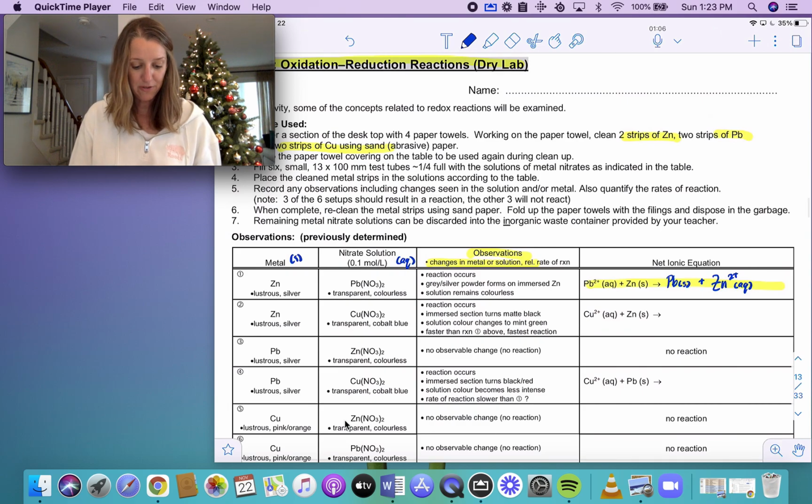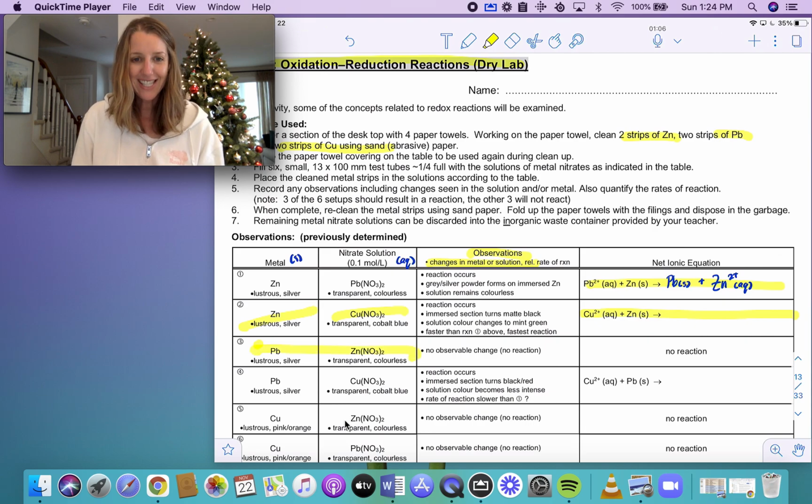Okay, so observation number 2. For the reaction where you had zinc and copper nitrate, yeah, that reaction occurs. The copper comes out of the solution, changes from blue to a mint greeny color. All right, it happens faster than the first one, so that's a good observation to make for that reaction. And because this reaction occurs, you can write the chemical equation. So you're going to write the net ionic equation for reaction number 2.